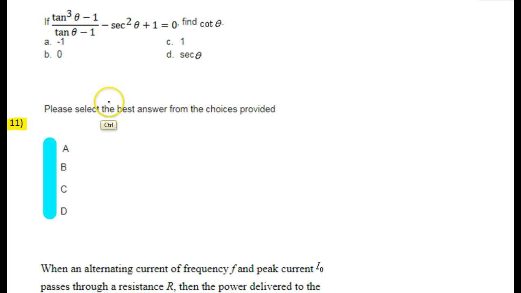Okay, so this is going to be complicated. So, first of all, I'm going to make that little substitution that I just told you. So, secant squared is 1 plus tangent squared.